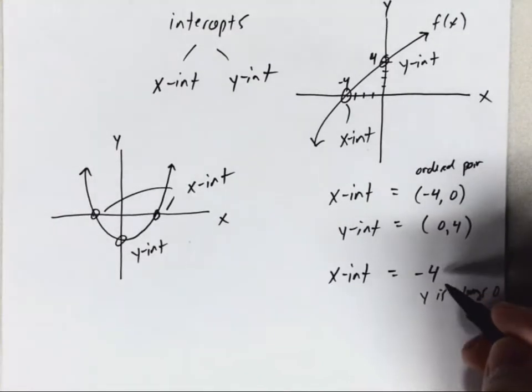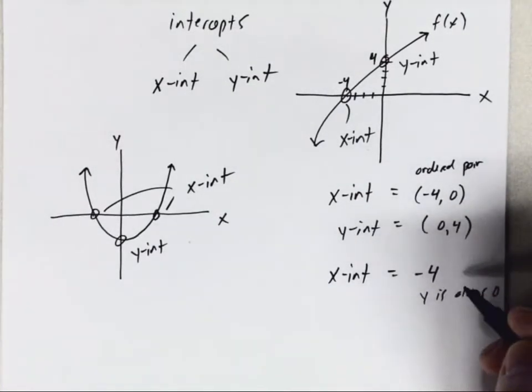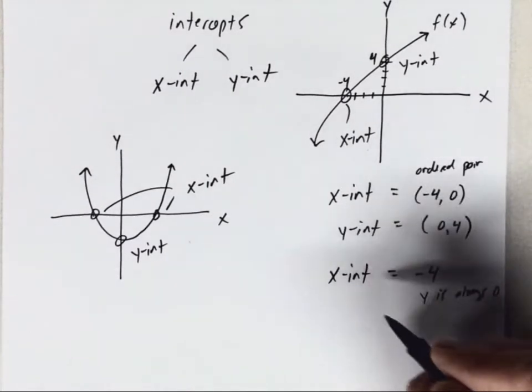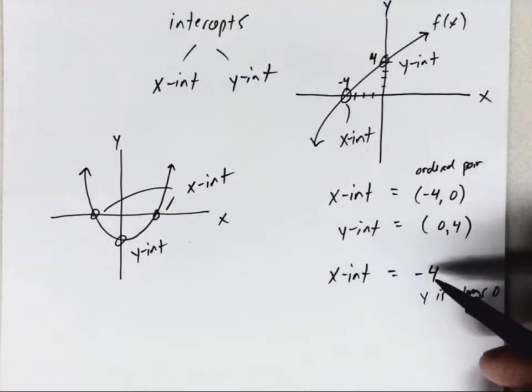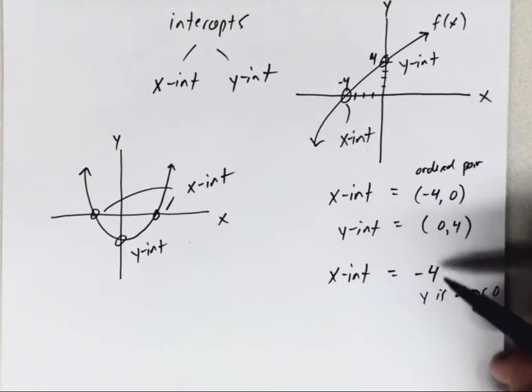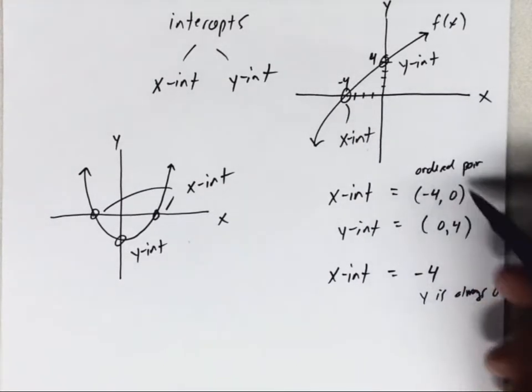So sometimes in the math world they say, why do we keep writing -4, 0 when, because it's an x-intercept, you know y is going to be 0? We'll just give you the important information, the value of x. The x-intercept is -4. -4 really is -4, 0, but we don't want to write the whole thing.